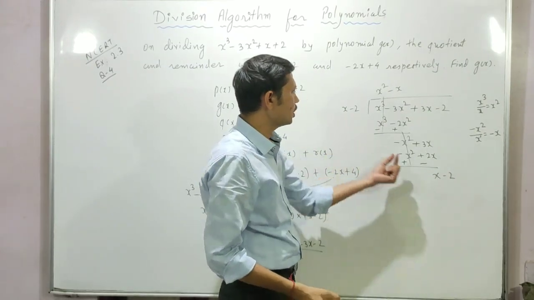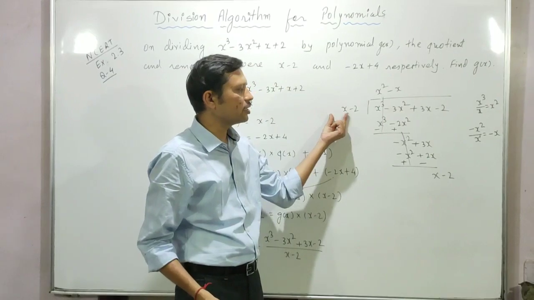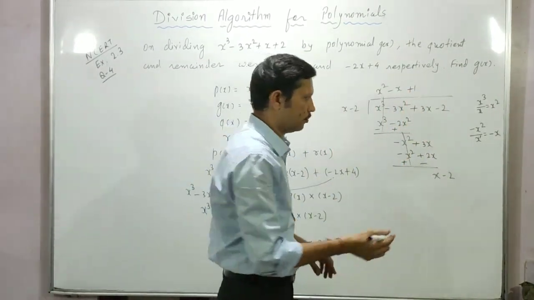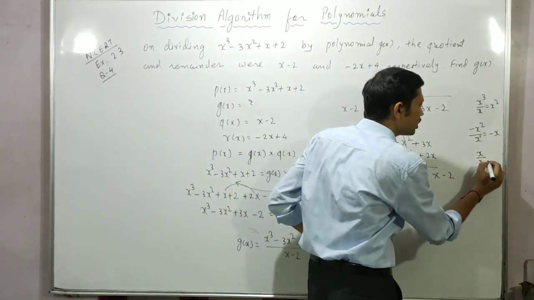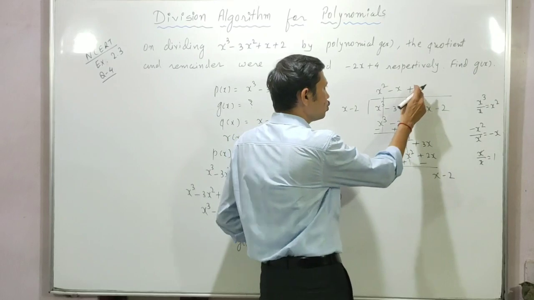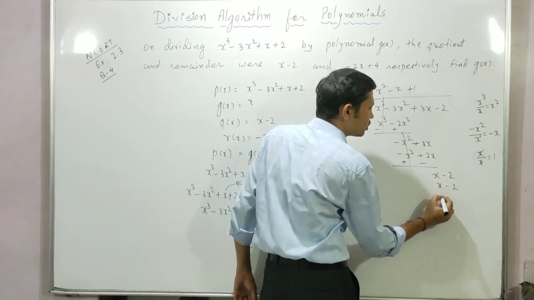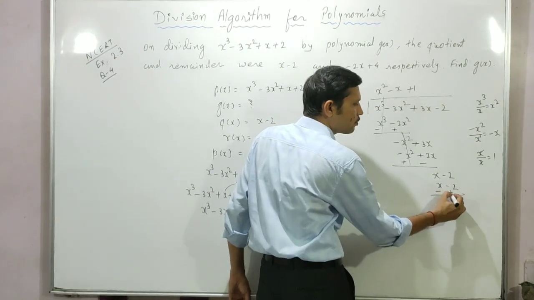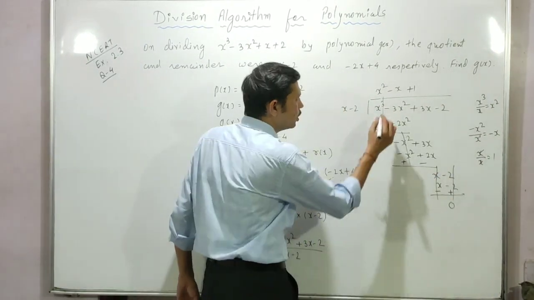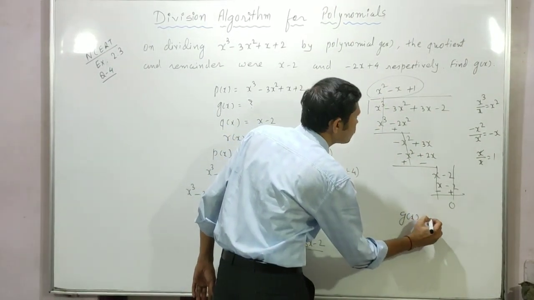Now see, the first term of the dividend and the first term of the divisor are the same, so x divided by x is 1, both cancel out, nothing left, so it's 1. So 1 should be multiplied with both the terms, no change, plus x and minus 2, and plus becomes minus, minus becomes plus, cancel out, this one also cancels out, and 0 is left. So this one is your g of x. So g of x is what?